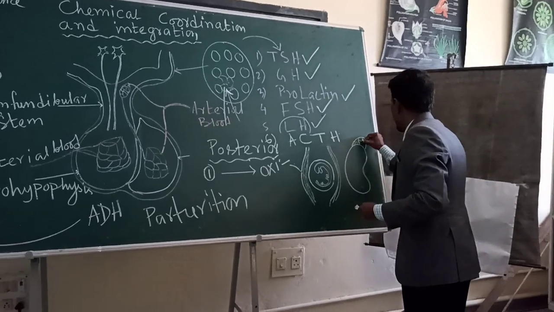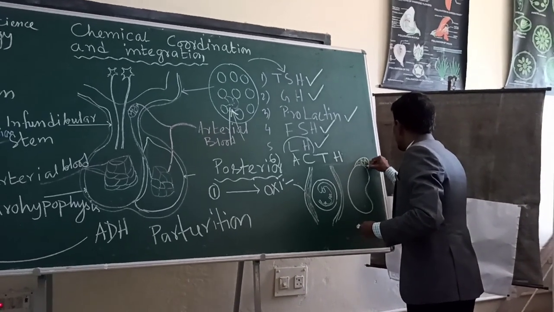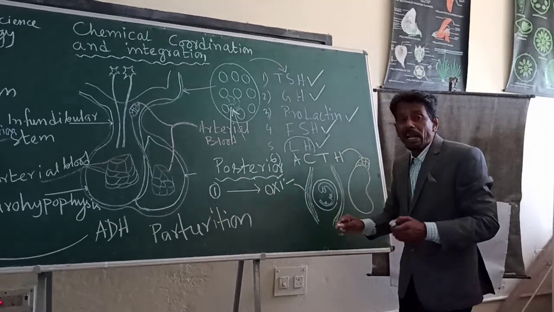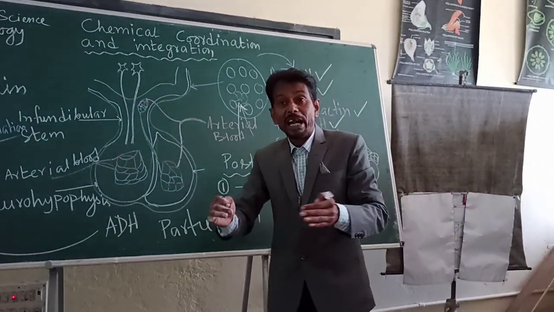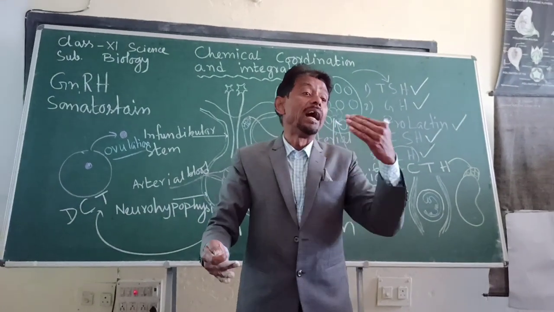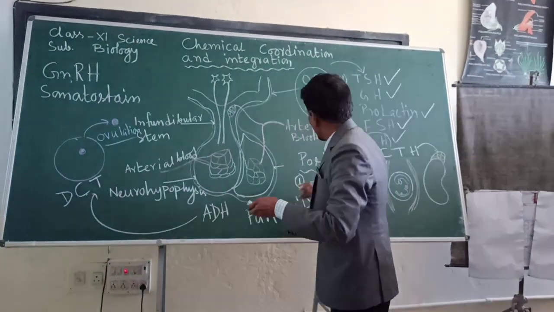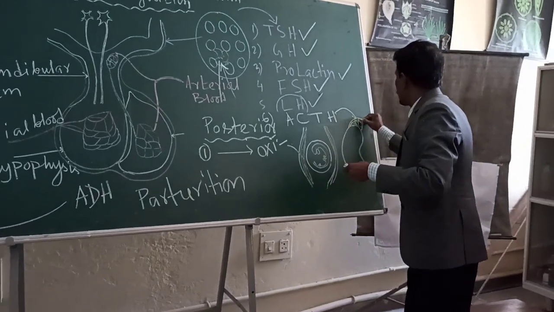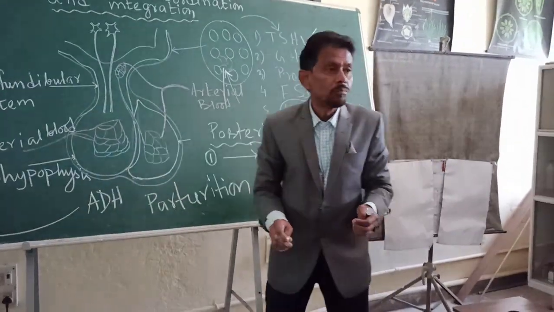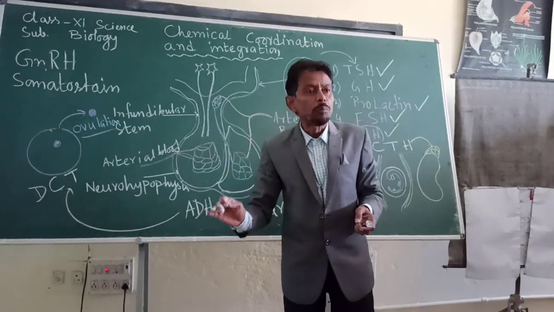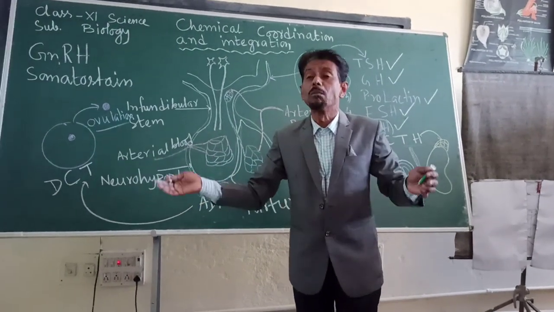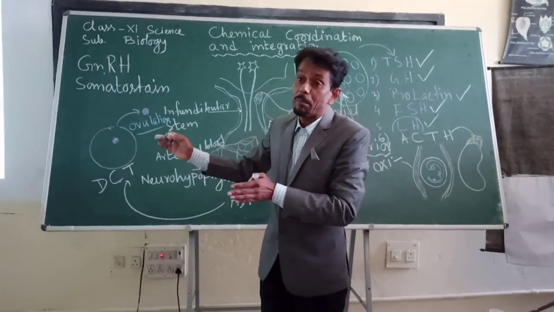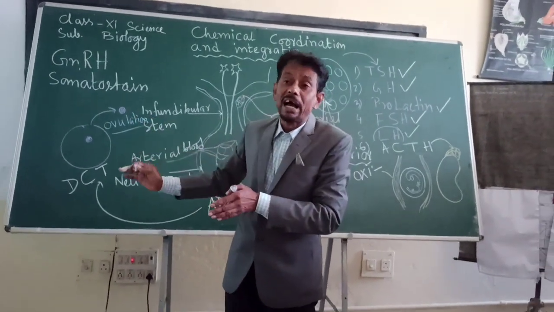This is the adrenal gland. So this ACTH hormone will stimulate it. The adrenal gland has two parts, adrenal cortex and adrenal medulla. ACTH stimulates the adrenal cortex to secrete its hormone. What hormones are secreted from the adrenal cortex and adrenal medulla, we shall handle separately when we discuss the adrenal gland.